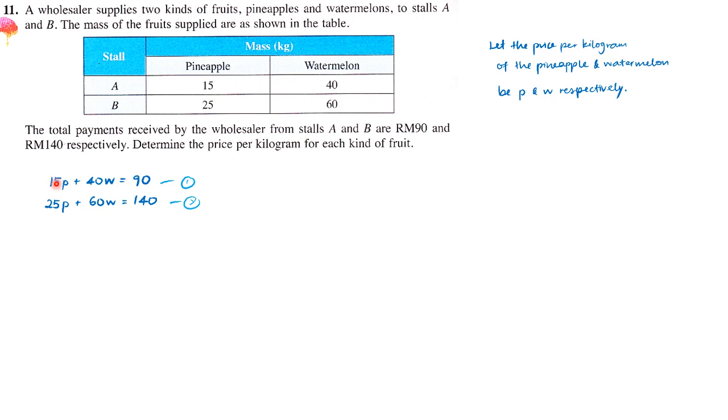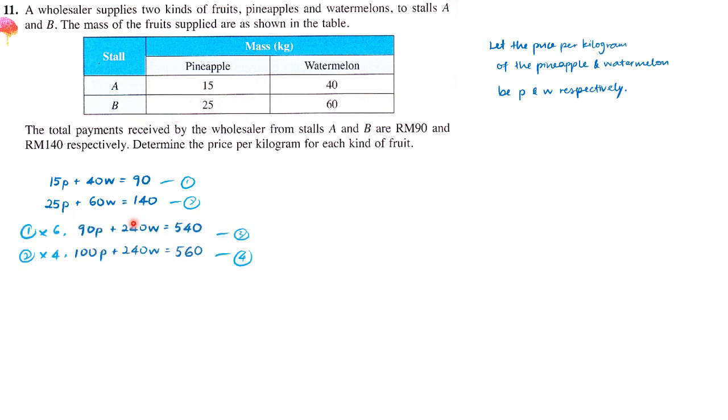So that means it will be 15 times P, which is 15 kg times the price of 1 kilogram, plus 40 kilograms of watermelon, W, which is 40 times the price per 1 kilogram, equals 90. Same here, 25P plus 60W equals 140.